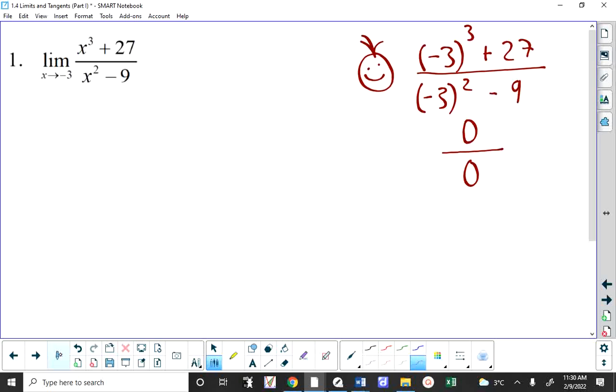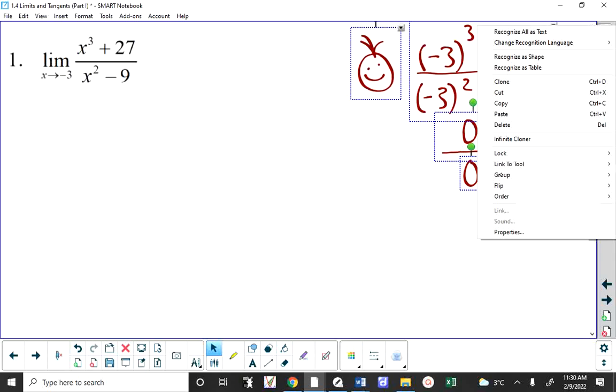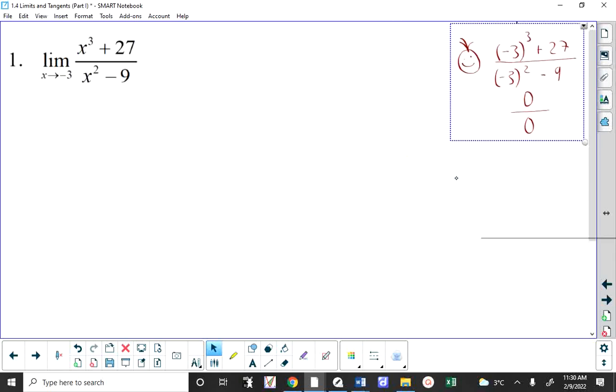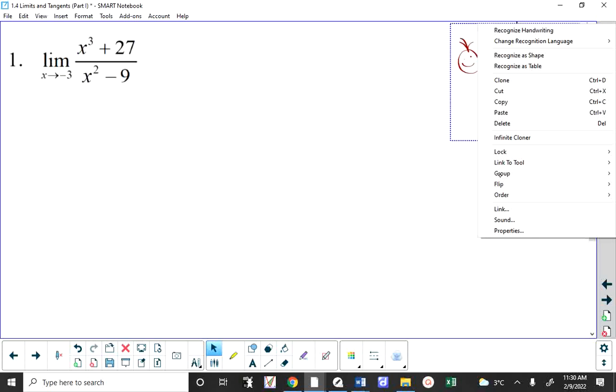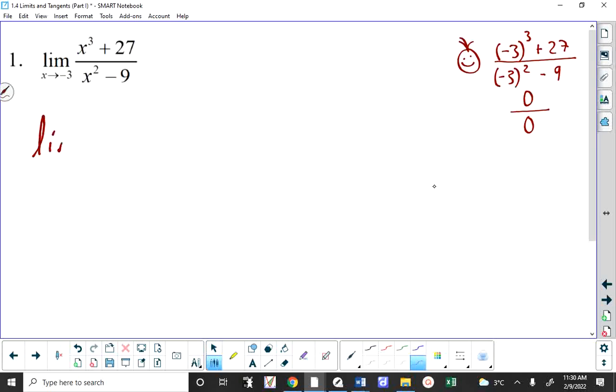And what this is telling you is that the limit most likely exists. What you need to do as a student is use your algebraic skills, which would include factoring and rationalizing, to change this function so that you can put in -3. Well, we write the limit as x approaches -3. x cubed plus 27 is a sum of cubes.